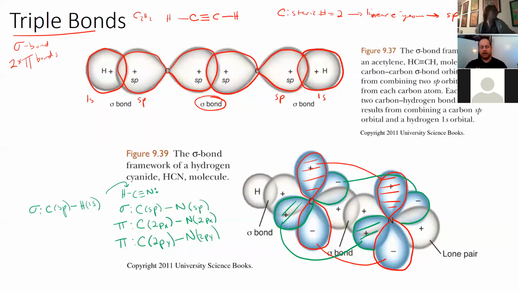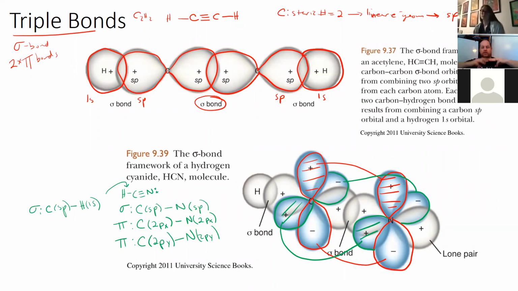And when you have a triple bond, you have your sigma bond in the middle, and your pi bond is on the outside. You also have another pi bond coming in and out of the plane of the board. So you have the sigma bond in the middle, overlap of these two pi orbitals above and below that plane, but you also have it in this direction. So it still locks in place, but it's not going to have the same type of implications for structure that a double bond does, because the molecule is linear.